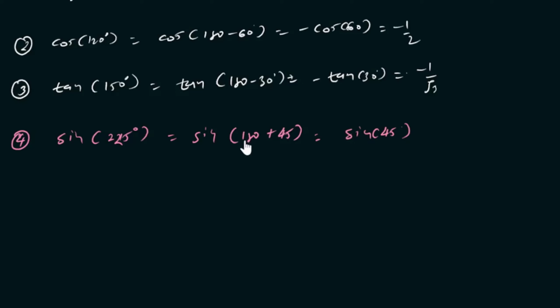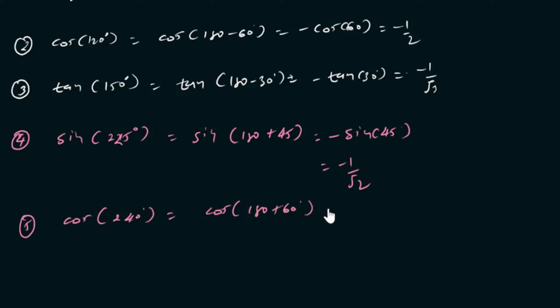Our fifth kind of example is cos 240 degrees. It will be cos(180 + 60). In the third quadrant cos is negative, so you just put -cos 60. So this will be -1/2.